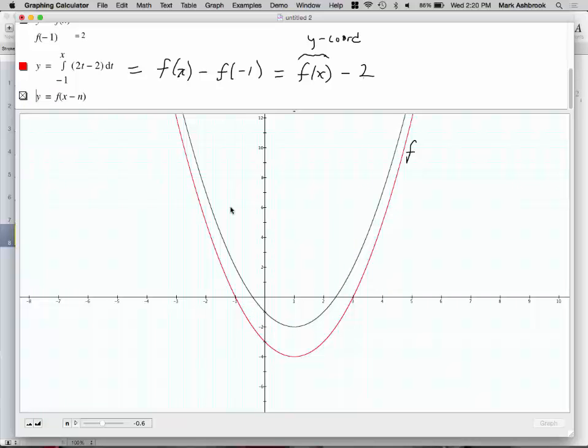Do you see that these two graphs have the same rate of change, 2x minus 2? The accumulation function from -1 to x has an accumulation of 0 at -1. So it's the same rate profile as f, but starting its accumulation at 0 at -1 rather than 0 at, say, whatever this is, -0.4.